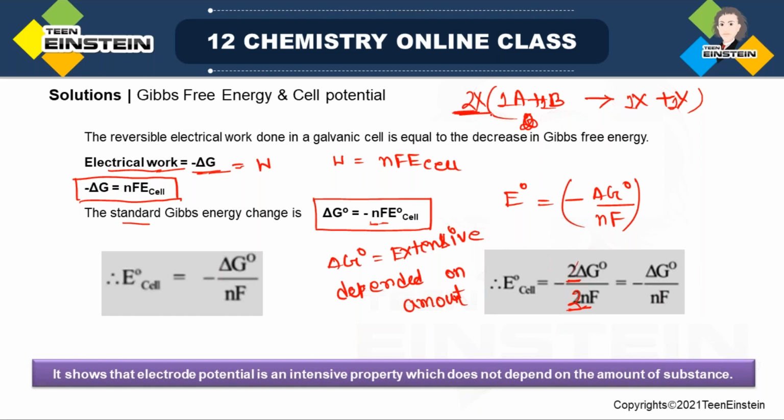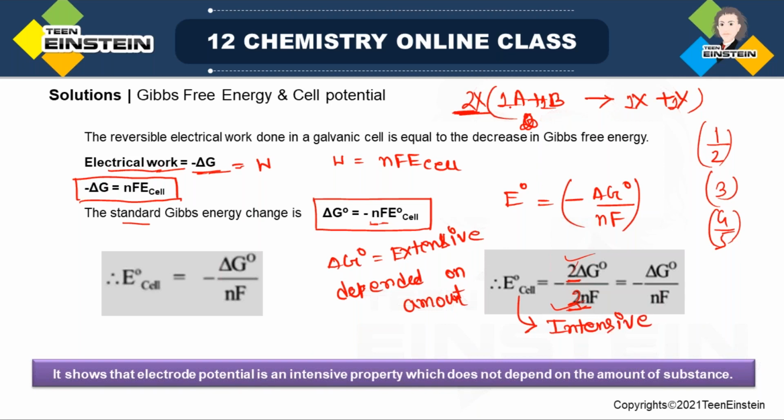If in place of 2 you multiply with half or 3 or 4/5, any of these values, it doesn't matter, because in the numerator and denominator you are taking the same value, so ultimately it will be cancelled. So E naught cell is basically an intensive property.